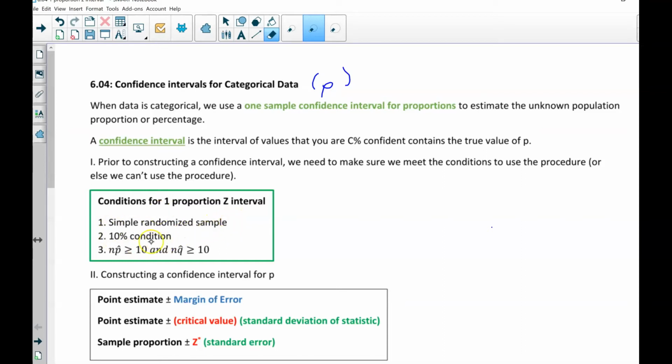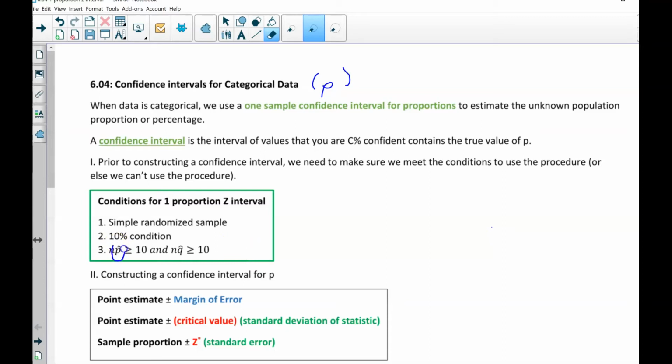You need to verify the 10% condition. That's to allow you to use the formula for standard deviation. And then you need the large count condition, n p hat greater than or equal to 10 and n q hat greater than or equal to 10. That third condition allows you to approximate the sampling distribution with a normal model.